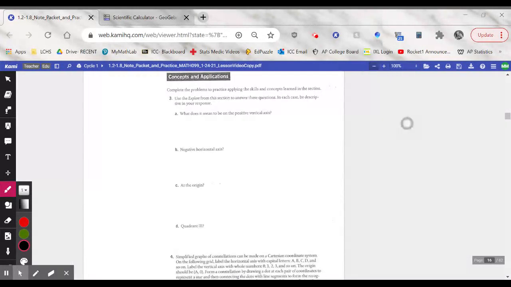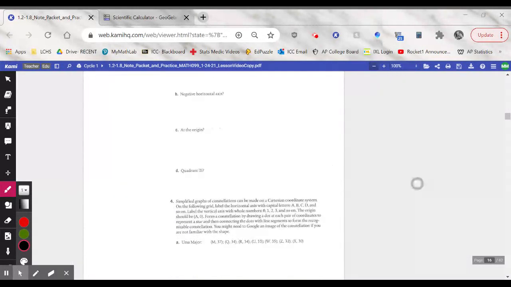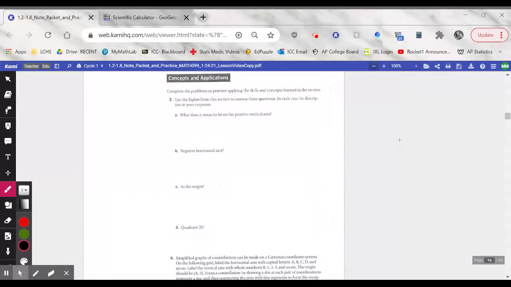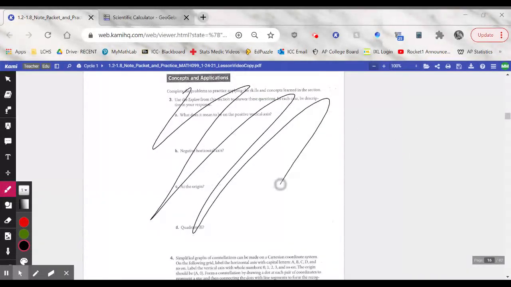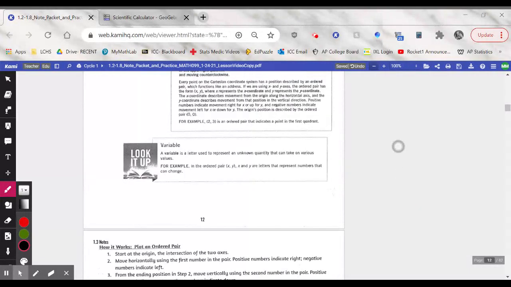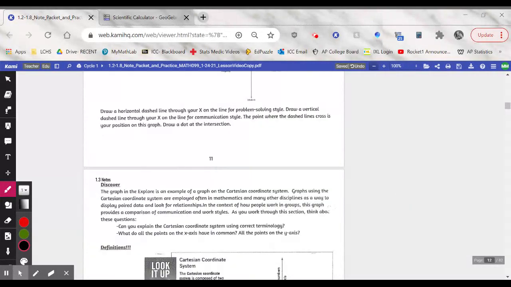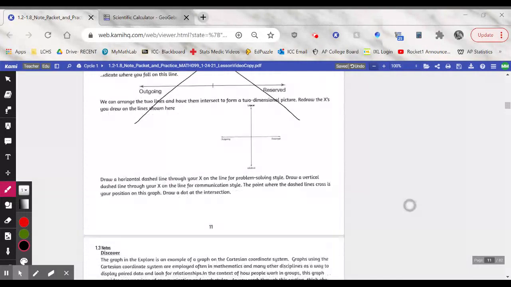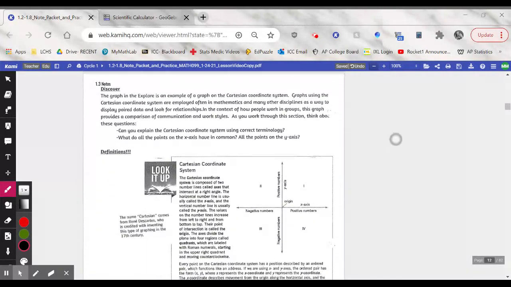Just make sure that you don't answer number 3 on page 16. That one you won't have to worry about. It uses the explore problem. All right, so we're going to skip what we have on page 11 and we're going to jump to page 12.